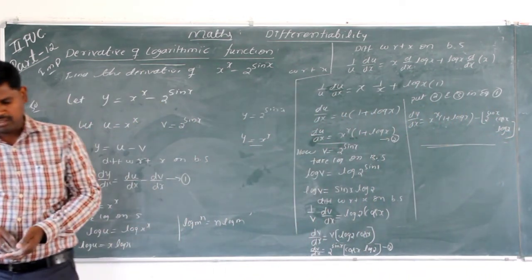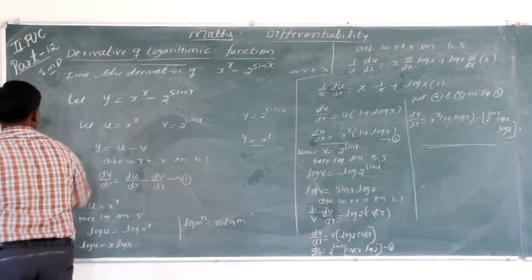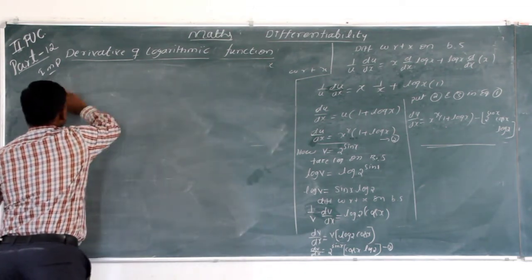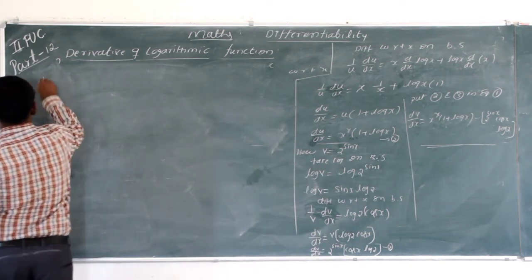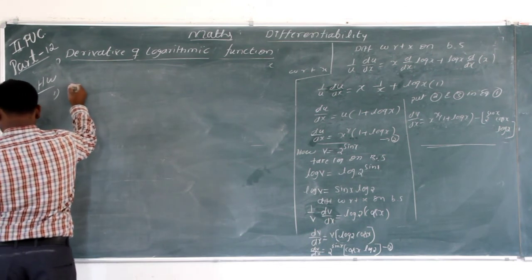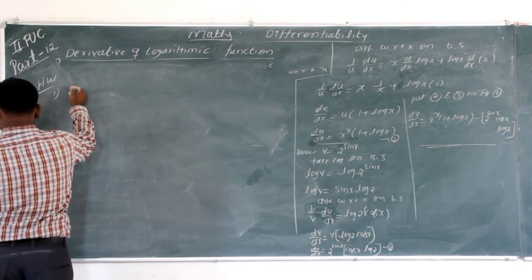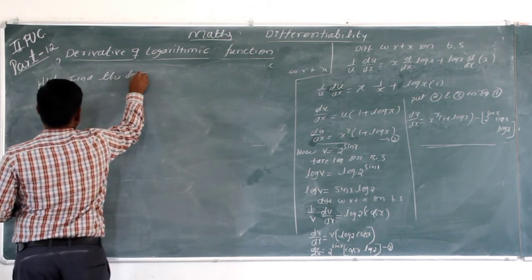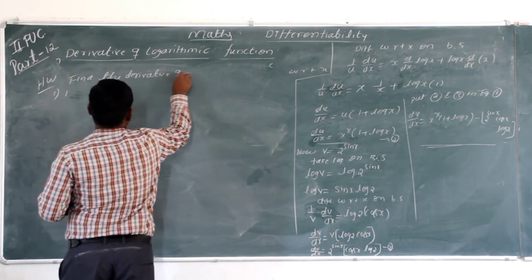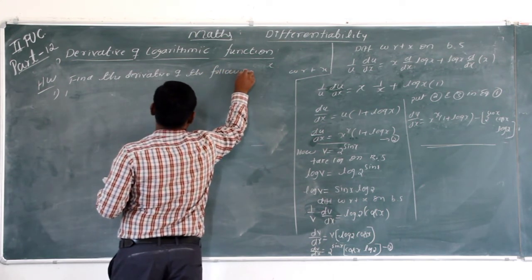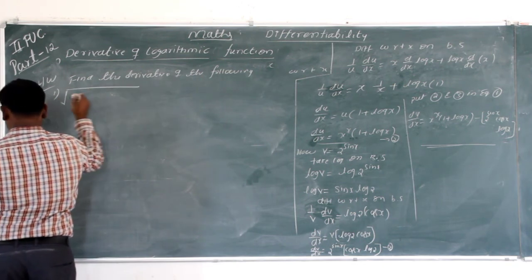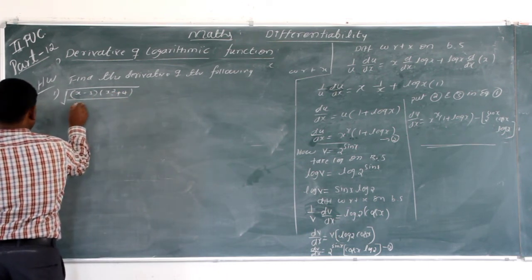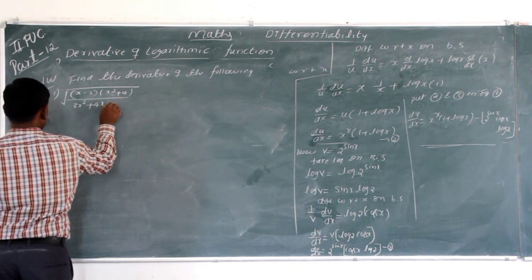So take a few problems as homework. First one is find the derivative of the following: one is root of x minus 3 into x square plus 4, divided by 3x square plus 4x plus 5.